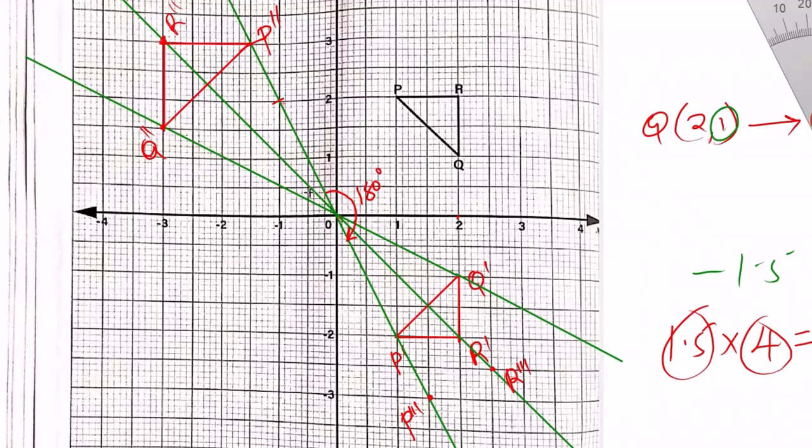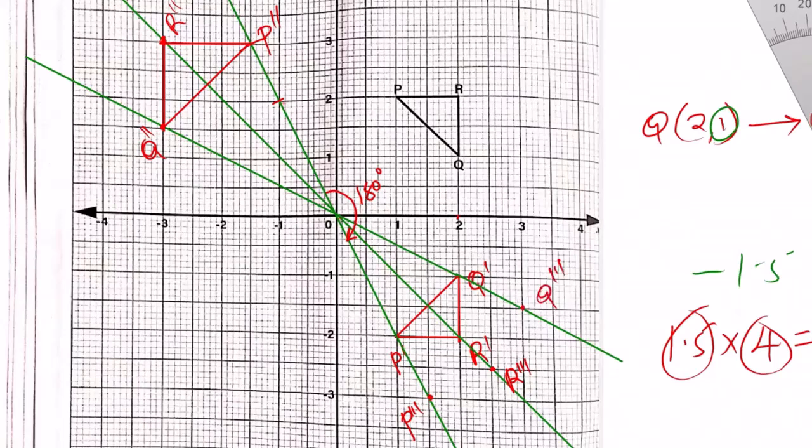Then for Q, along that straight line, there are still 6 squares from Q double prime to O. You can take that distance using a pair of compasses and transfer it, or you can count the squares. I'm counting the squares because my scanned graph is not accurate enough to get the exact distance. So from the center, point O, to Q triple prime, count 1, 2, 3, 4, 5, 6. So it will be here. That is Q triple prime.